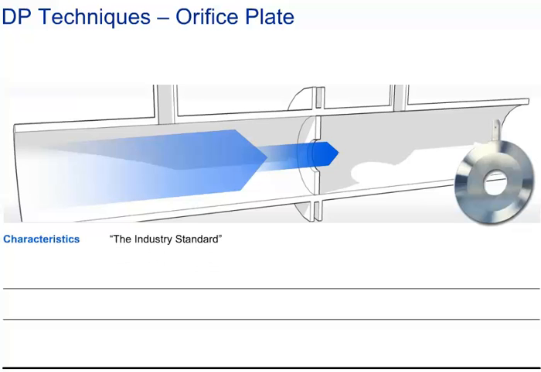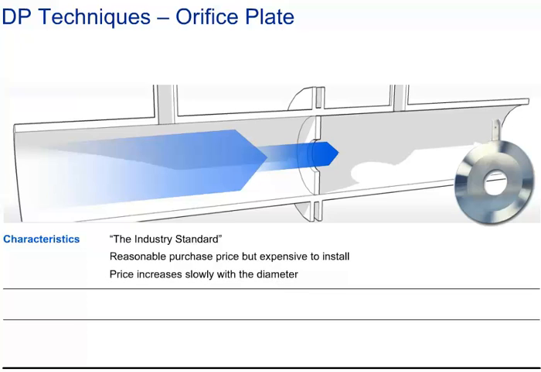Describing the characteristics of an Orifice system, note that the Orifice is still an industry standard, and the most studied primary device, because it uses a simple design. We can see this if we just look inside. It is very simple to manufacture and therefore available for a reasonable price.